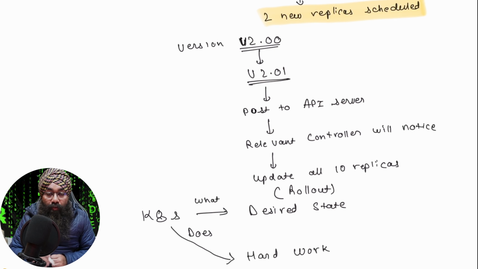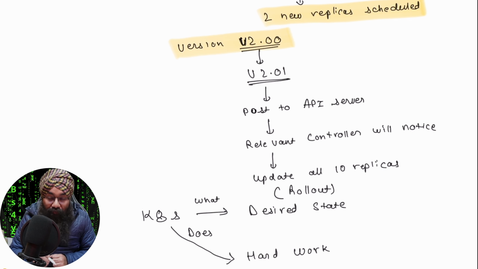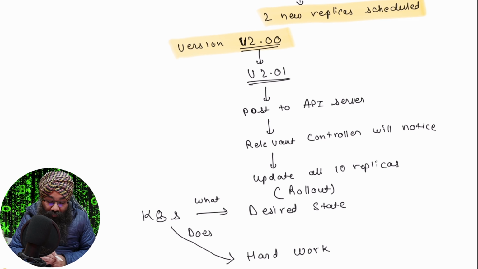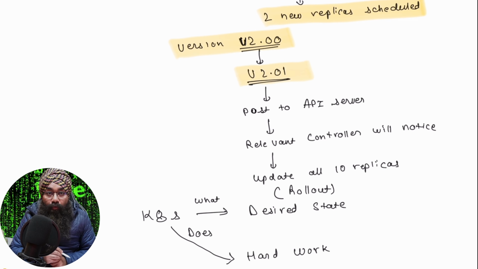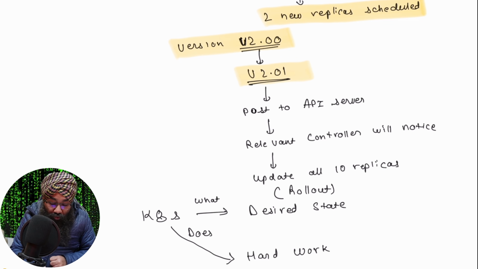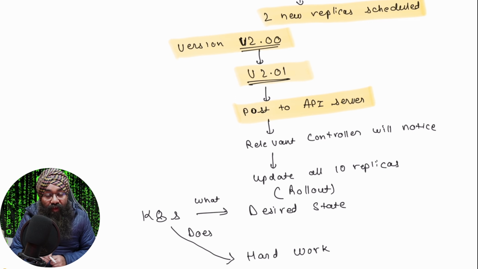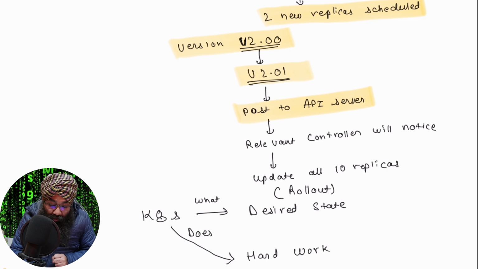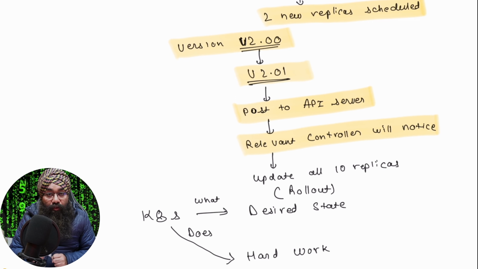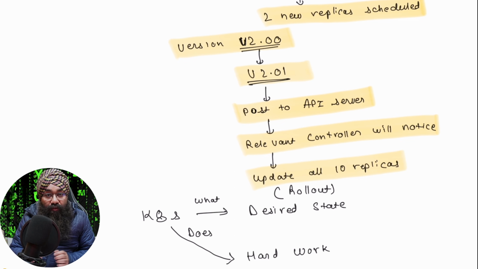And now suppose in production you were running version 2.0.0, and now you want to update your app to 2.0.1, a slight minor update. Okay, so you will post the updated manifest file to the API server, and the relevant controller responsible for doing this change will notice it. And then it will update all the 10 replicas, and it is capable of doing it one by one, so that this deployment doesn't require a downtime.